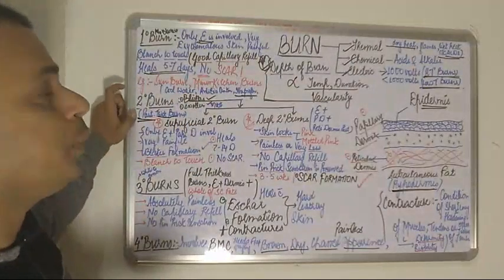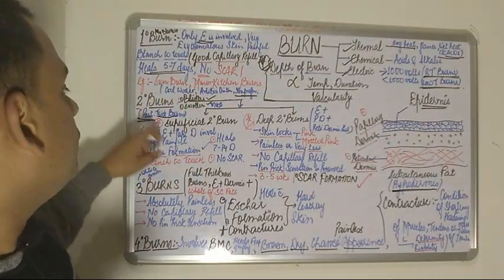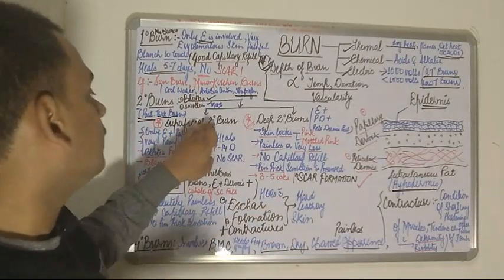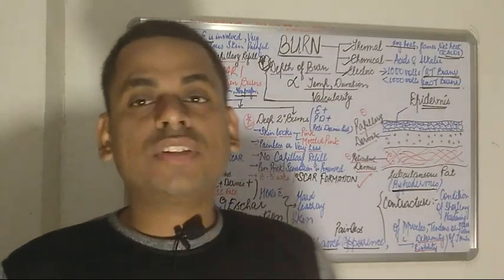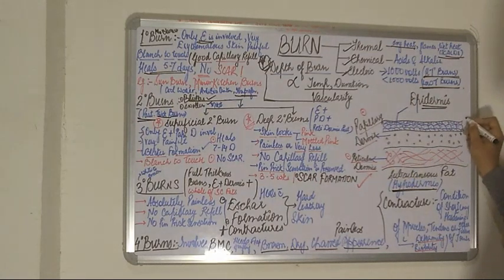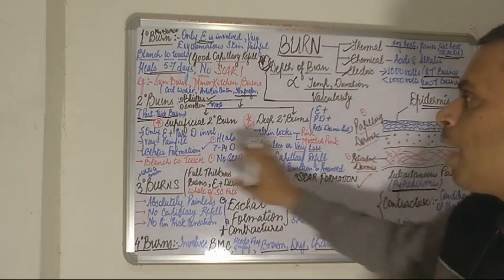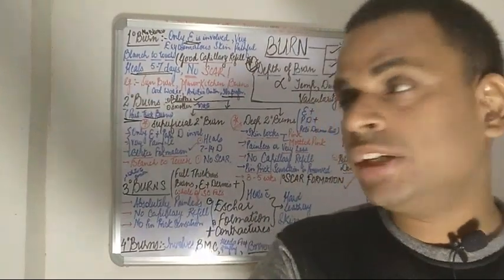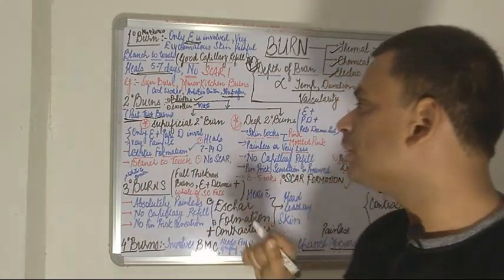So moving on to the 2 degree burns, which are also called the partial thickness burns. Students, they can be further subdivided into two broad categories, that is the superficial 2 degree burns and the deep 2 degree burns. In case of the superficial 2 degree burns, what we find is the entire epidermis of the skin is involved, and a part of the papillary dermis is involved.